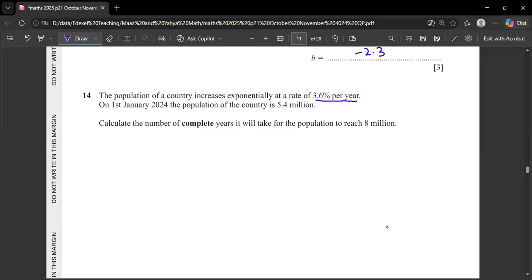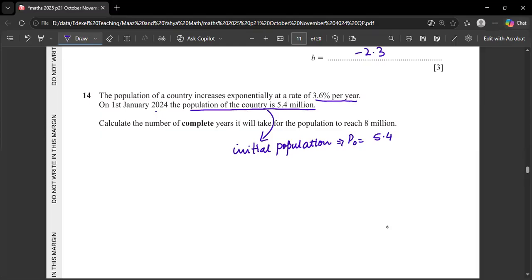So on the 1st January 2024, what is the basic or the principal value? Or can we say the initial population? This is your initial population. We call it P naught equals 5.4, right?